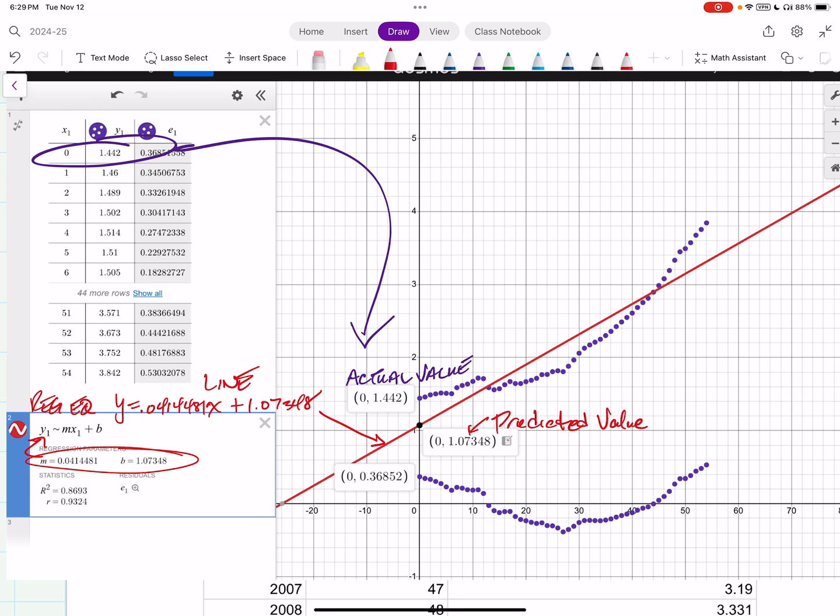And that's why the residual is positive. This is the residual value. Residual meaning leftover value, and leftover value is found by taking the actual value and subtracting the predicted value to get the residual. So we're going to take this information and write down our main key idea, a learning target here.